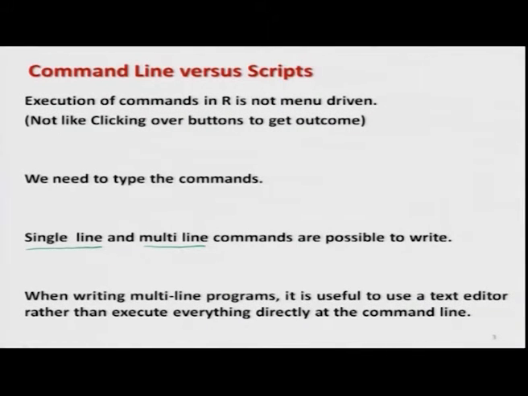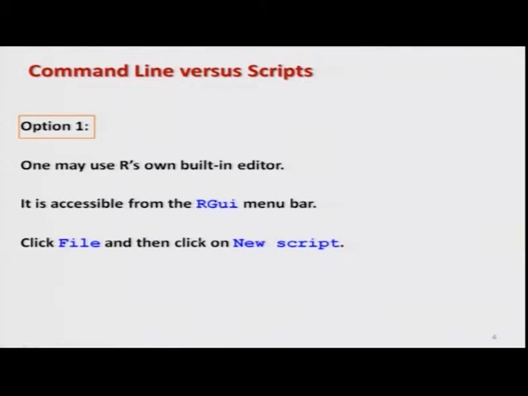So, if I want to write down a program for finding out the arithmetic mean, first of all I have to write some lines to compute the sum, and in the second step I have to write some lines to divide the sum by the number of observations, and this will complete the entire program for finding out the arithmetic mean. Now, whenever we want to write down a multi-line program, it is always easier in R to write the programs in a separate file and then execute it, right.